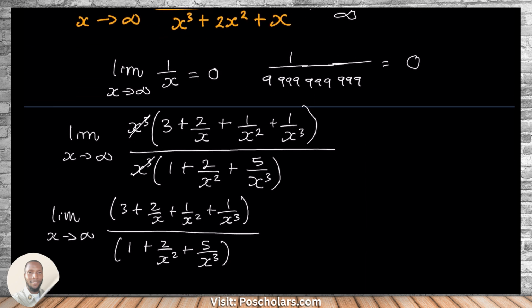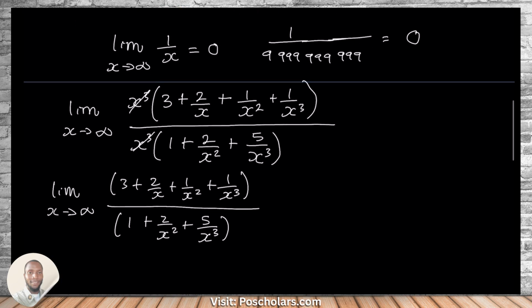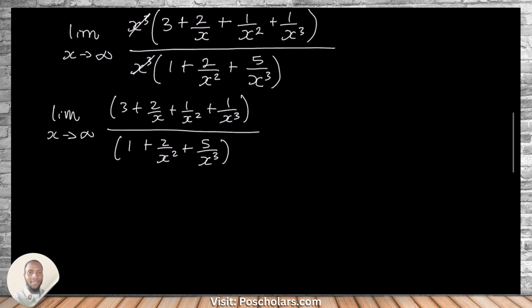You can now use this rule on each of these terms, right? To do that, remember we have confirmed that the limit of 1 over x as x tends to infinity is what? 0. So let's apply that rule.